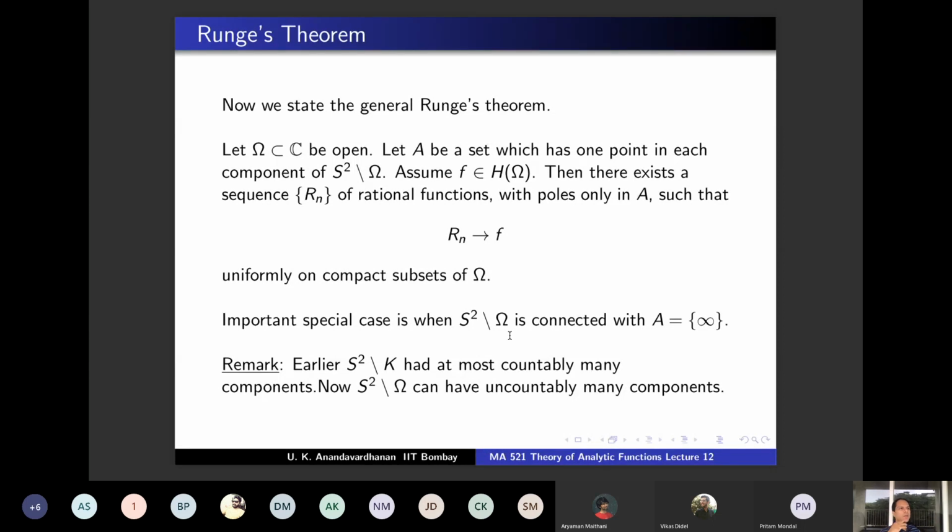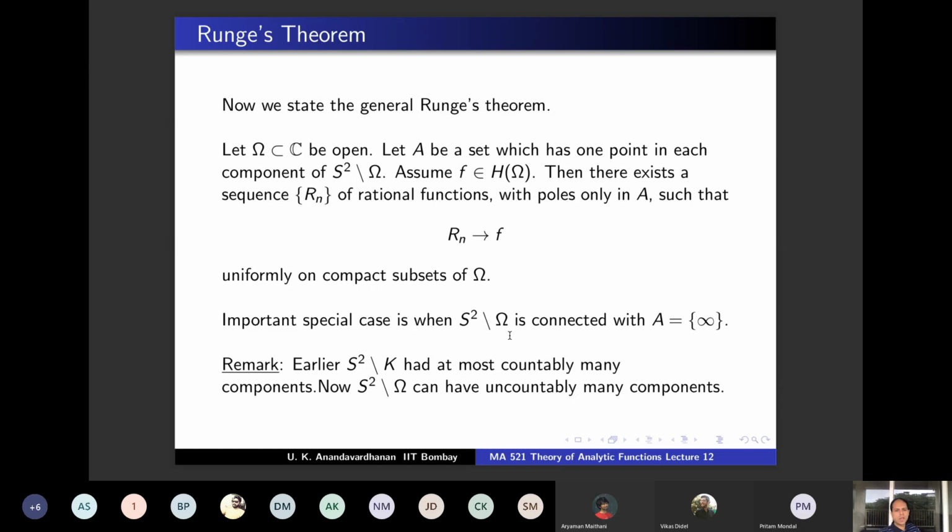And the nice example from Rudin is you can take a compact set which is uncountable and totally disconnected. So it has uncountably many components. So you can take a compact set with uncountably many components and take its complement to be your open set. Therefore, by definition, the complement of that open set is this compact set which has uncountably many components. Throw in infinity also. And you know that such compact sets exist. For example, the Cantor set is one such thing.